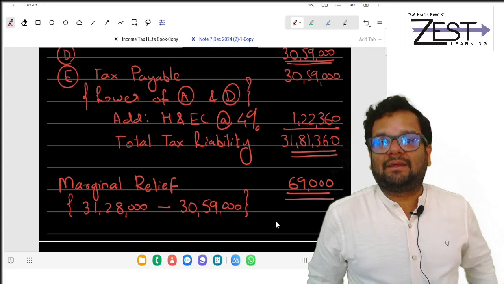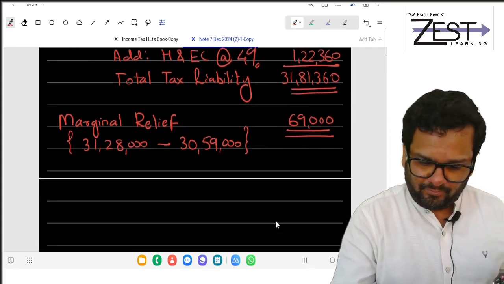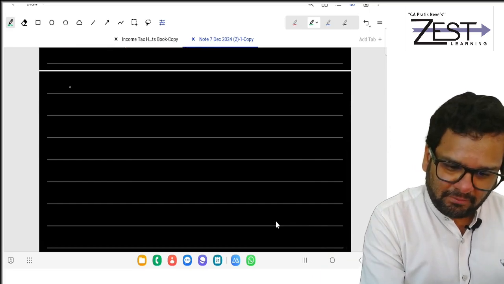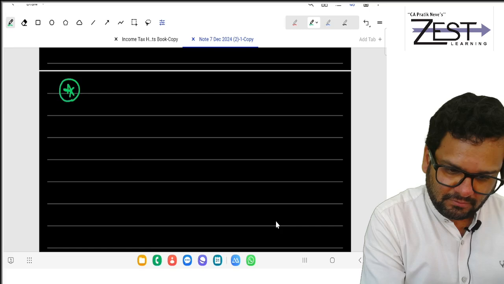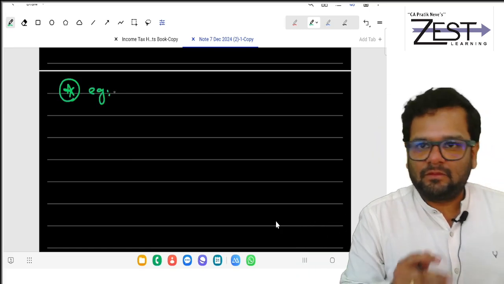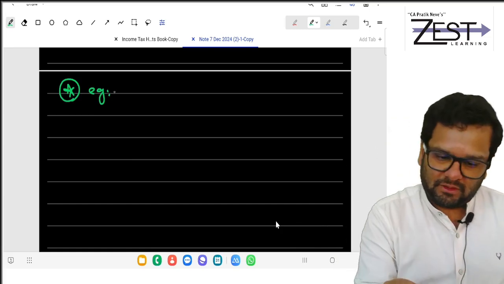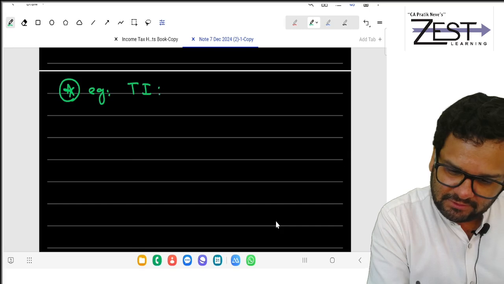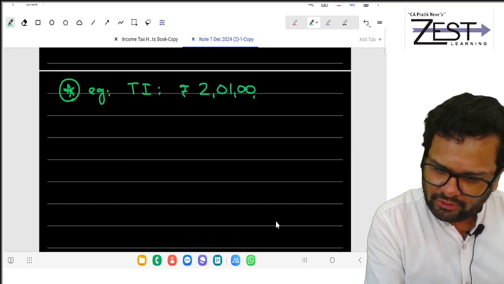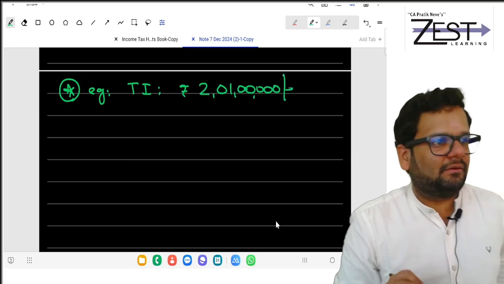2 crore 1 lakh. Next example. This is example number whatever it is. Next example. Total income is 2 crore 1 lakh.